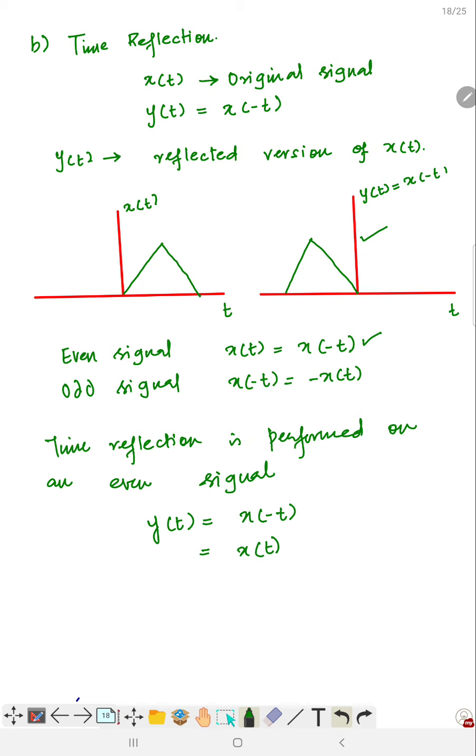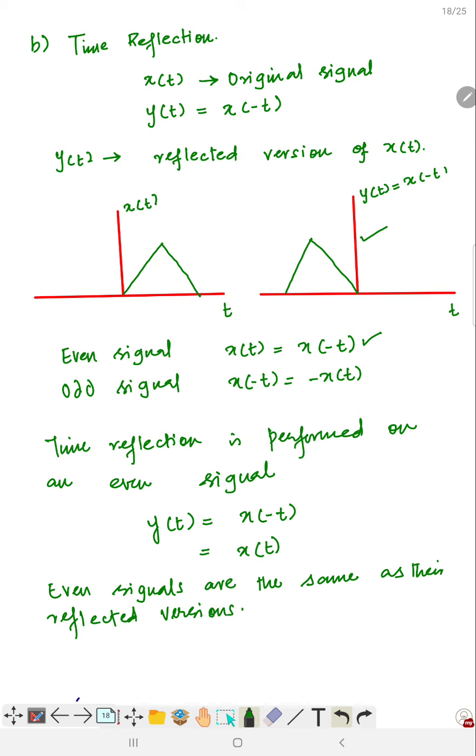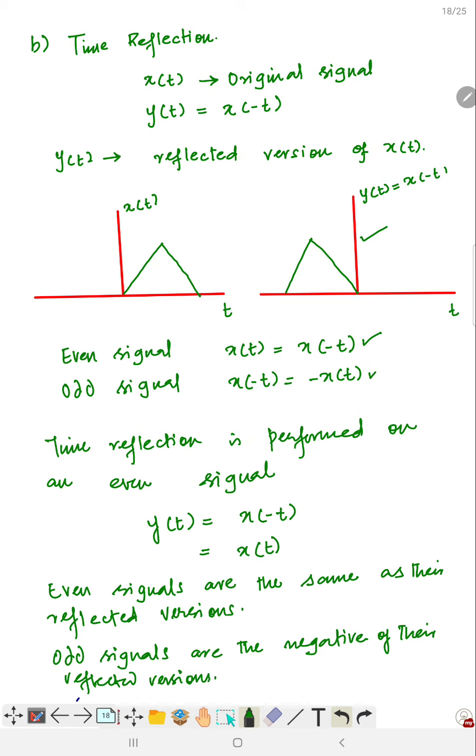Odd signals, there will be a difference. So I can generalize that even signals are the same as their reflected versions, but odd signals are the negative of their reflected versions, because for an odd signal x of minus t is minus x of t.